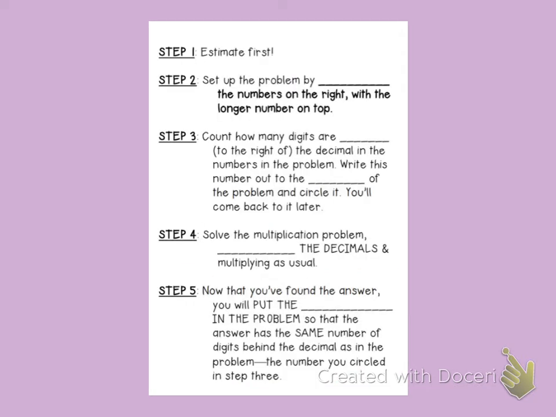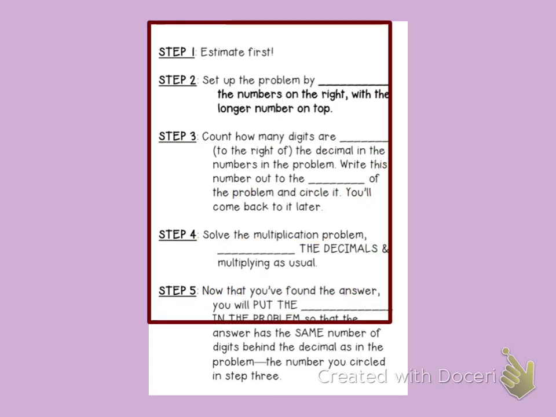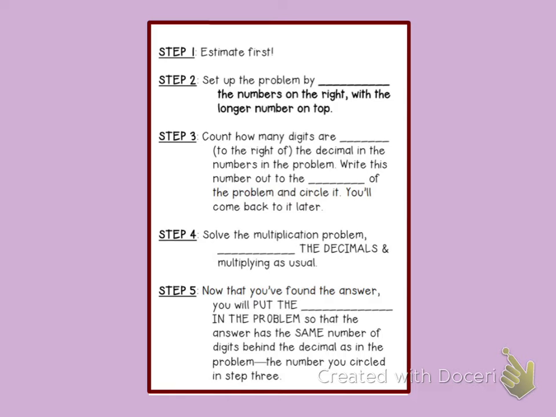Okay, let's practice. So here it tells us our steps to multiplying decimals. We are going to first estimate. Step 2, we are going to set up the problem by lining the numbers on the right with the longer number on top.